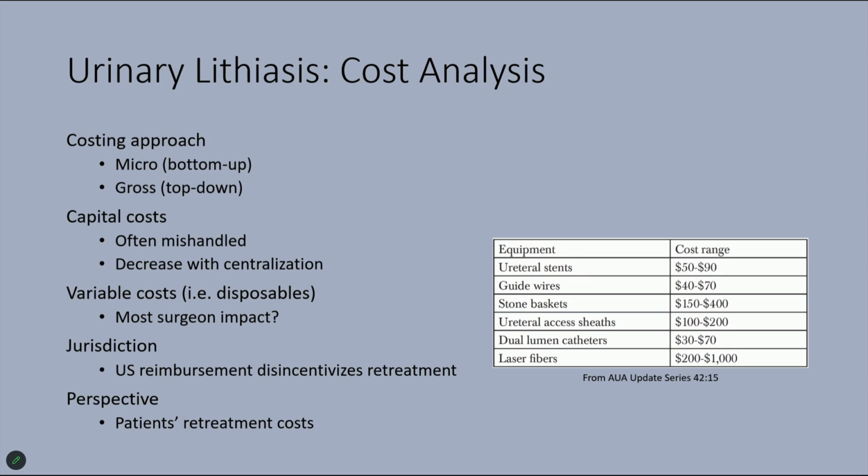The counterpart to capital costs is variable costs, which usually take the form of disposables. There can be high variability, particularly in ureteroscopy, especially with different laser technology, stenting practices, and if the stents are removed by cystoscopy. Often, this is where we as surgeons have the greatest impact, but it's unclear if it's a driver in this situation. I do think jurisdiction plays a really important role here. The US is generally an outlier for SWL reimbursement, as US reimbursements are disincentivizing modalities requiring repeat treatments, therefore favoring ureteroscopy.